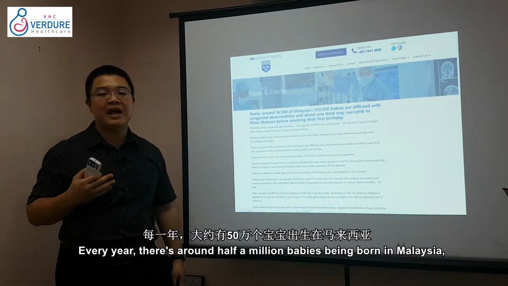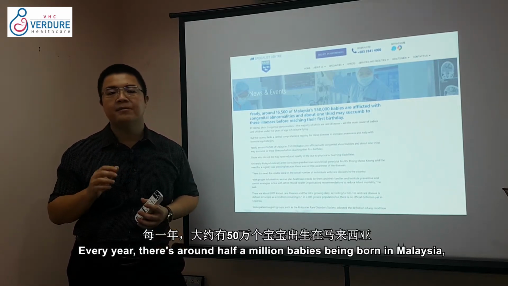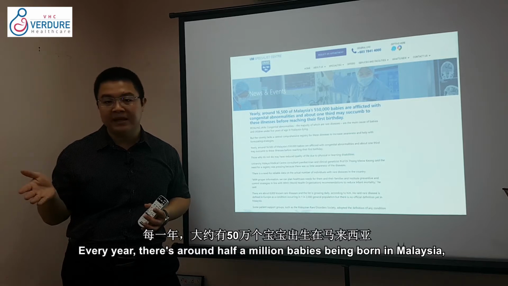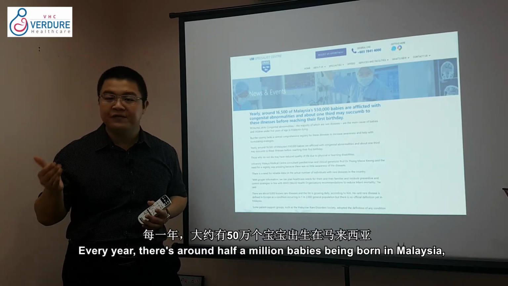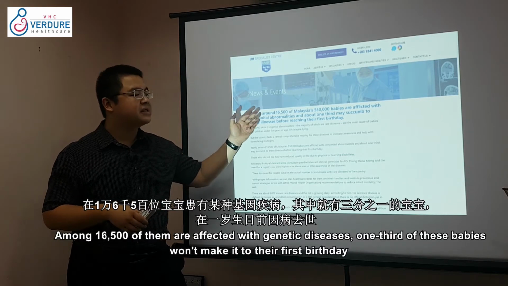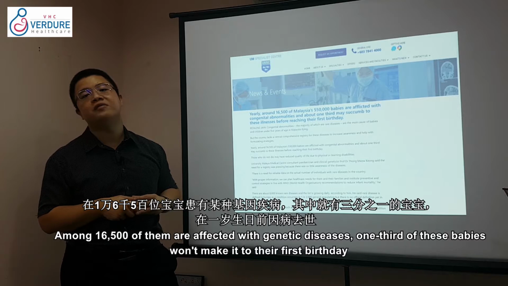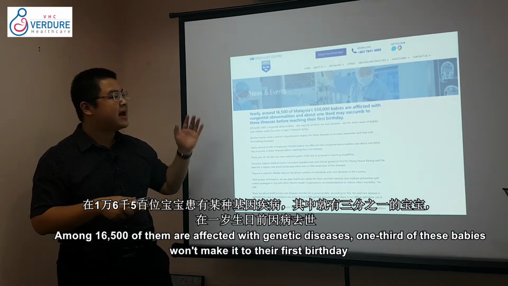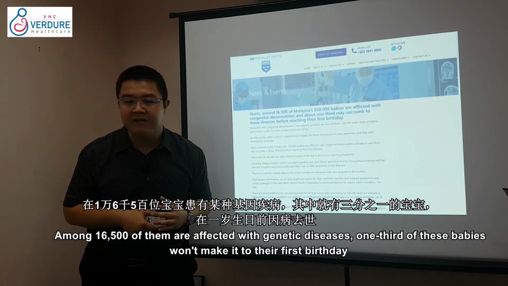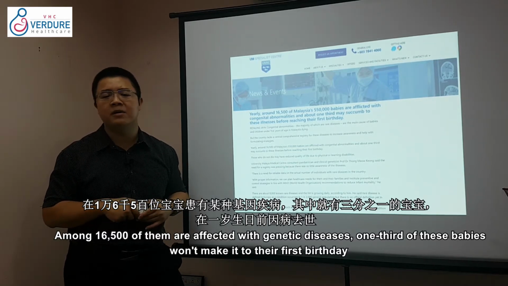So put that into layman language, every year Malaysia has about 550,000 babies being born. But out of that, there are 16,500 babies that are being affected with genetic diseases. And out of these 16,500 babies, about 1/3 of them won't make it to their first birthday.